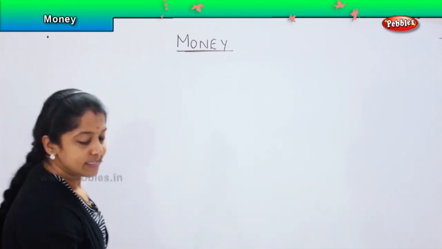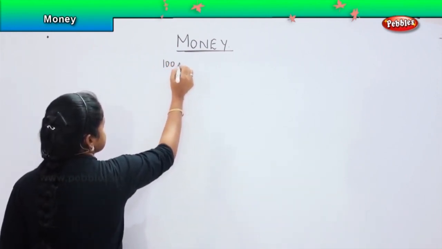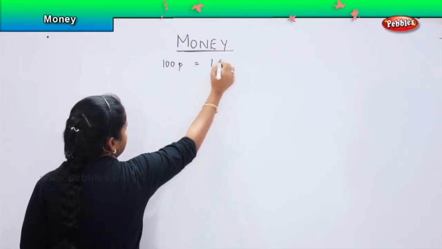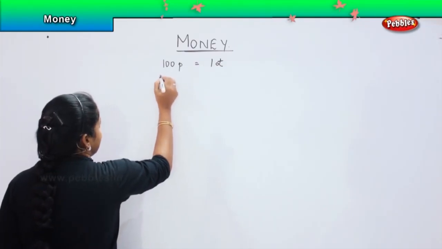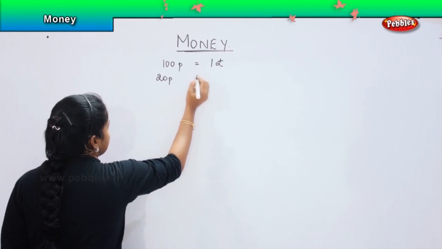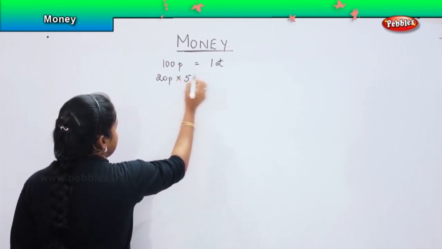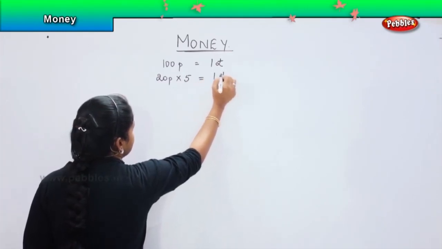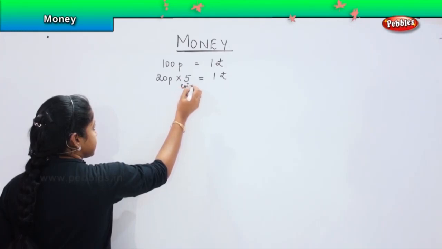Clear? So as I said earlier, 100 paise makes 1 rupee. Okay. Similarly, 20 paise into 5 makes 1 rupee. That is, this 5 denotes the 5 coins.